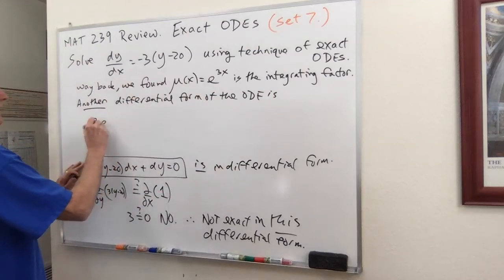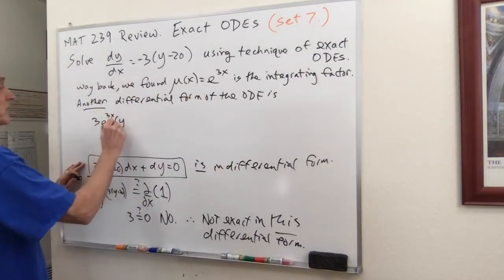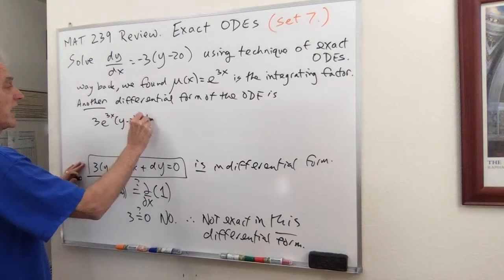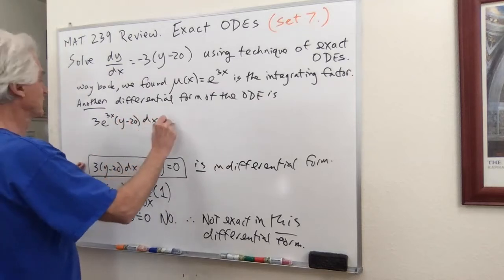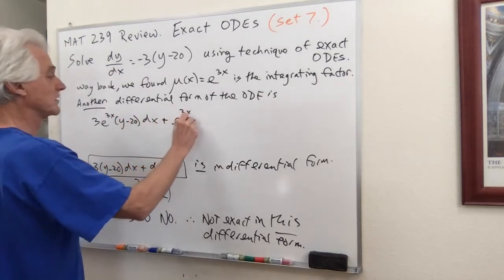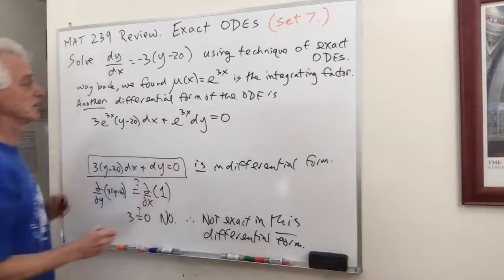I get 3 e to the 3x times y minus 20 dx plus e to the 3x dy equals 0, right?